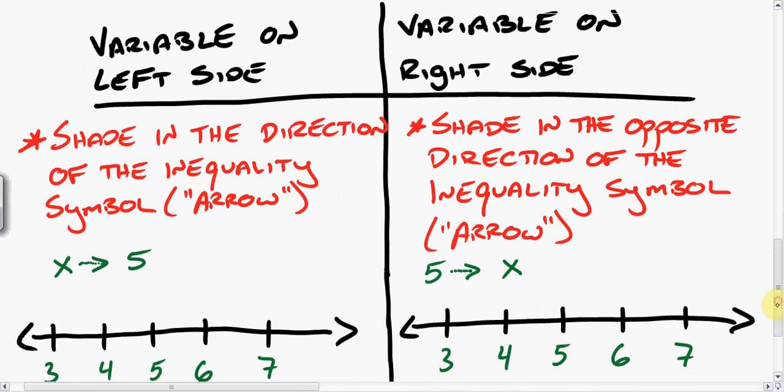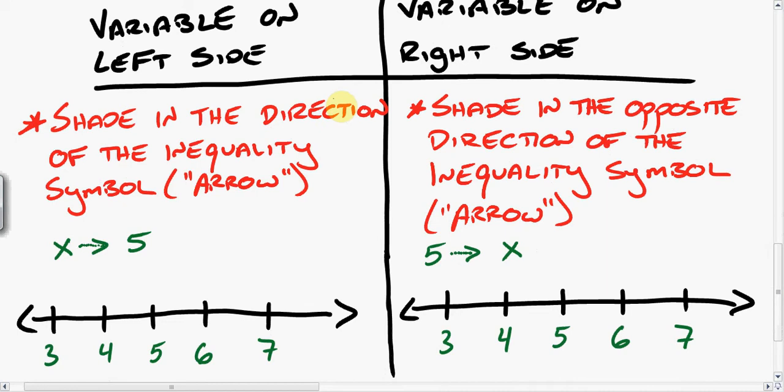So I've got a little rule of thumb here, and that's written in red. It says basically when you have your variable on the left side, as we see here, you're going to shade in the direction of the inequality symbol, or the way the arrow is pointing. We said the arrow is pointing right, so if it's on the left side, you want to make sure you shade in that direction. So we've got x is greater than 5, open circle, because it's greater than, not greater than or equal to.